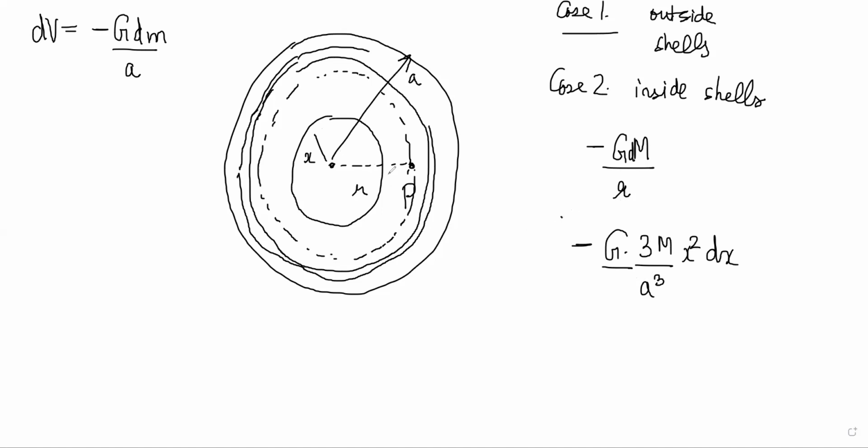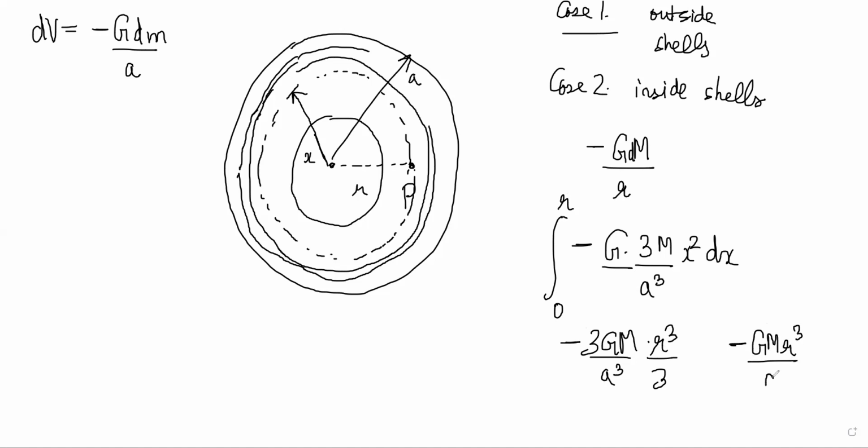R doesn't matter, R is fixed here, and you just integrate it, but you integrate from 0 to r. You understand what I'm saying? Because it is an inside shell, you have to integrate all shells inside up to the radius r. Minus 3GM by a cube, and this will become x cube by 3, so r cube by 3. So it will be minus GM r cube by a cube, right?